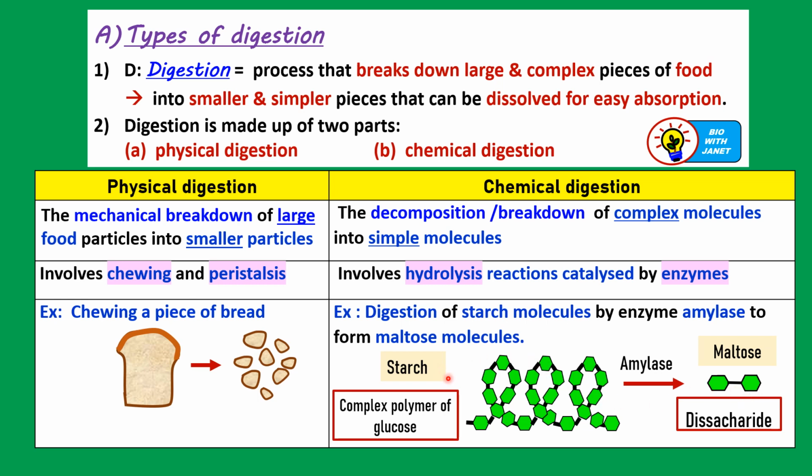In this way, the starch will be broken down to maltose, and then finally it will be broken down to glucose by another enzyme, and then the glucose can be absorbed by the body. So this is chemical digestion, whereby complex molecules like starch are broken down by enzymes through a hydrolysis process to form simpler molecules like maltose.